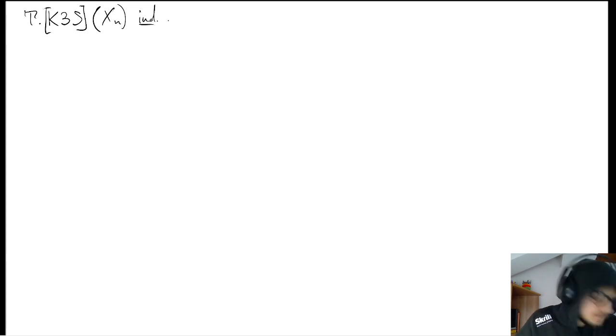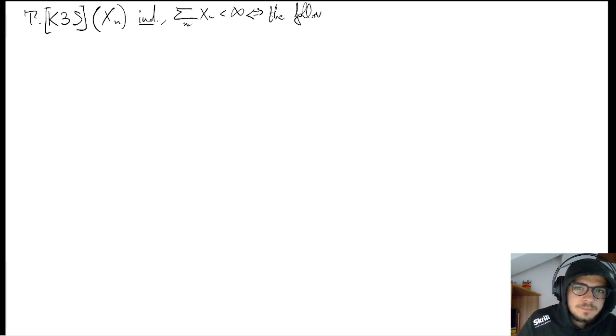We have that the sum of the random variables is finite if and only if we have the following three series converge.